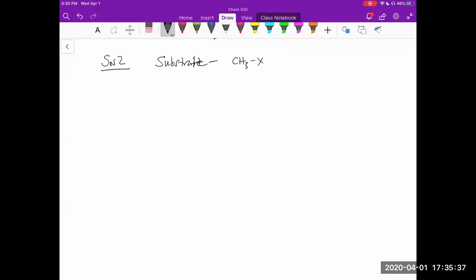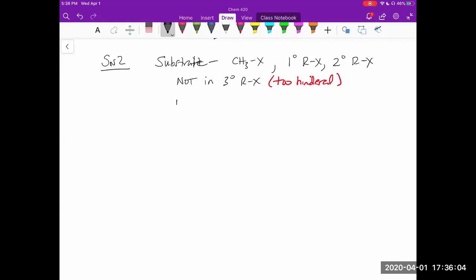It is seen in primary alkyl halides, and it's seen in secondary alkyl halides. It is not seen in tertiary alkyl halides, and the reason is that they are too hindered. The nucleophile can't get in on a tertiary.